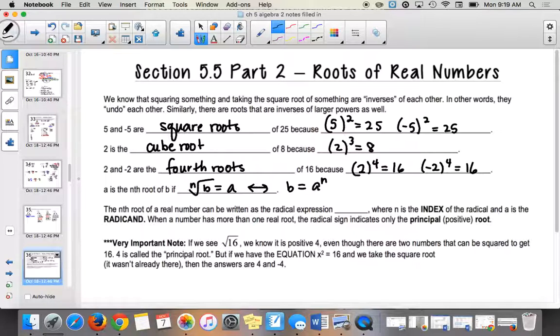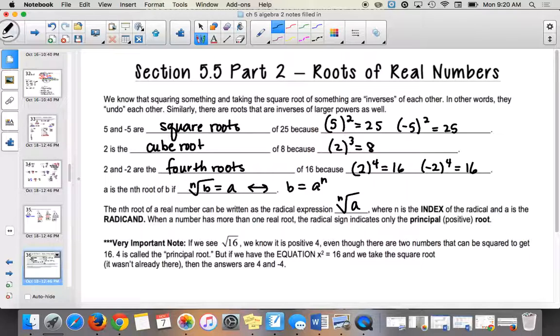So it says the nth root of a real number can be written as the radical expression nth root of a or nth root of b, where n is the index and a is what's called the radicand. Okay, so the inside of the square root, we call that the radicand. I'm never going to call it the radicand. I'm always going to say the inside of the square root because I think it's kind of strange to call it a radicand. Whatever, you can call it the correct terms if you want.